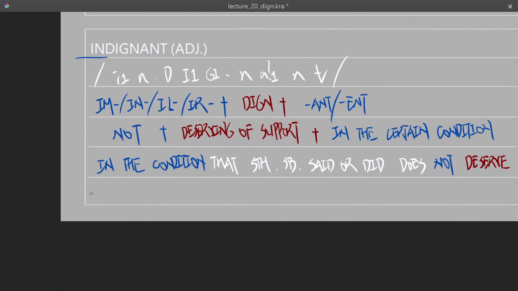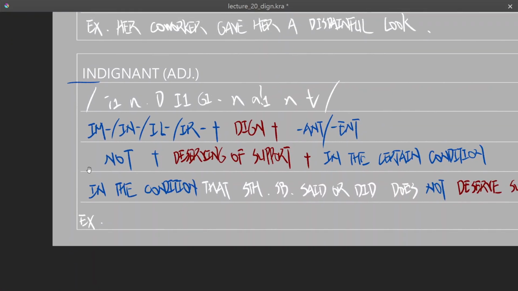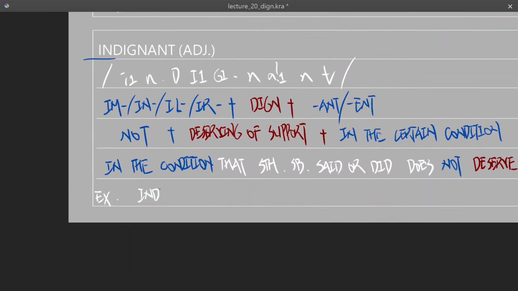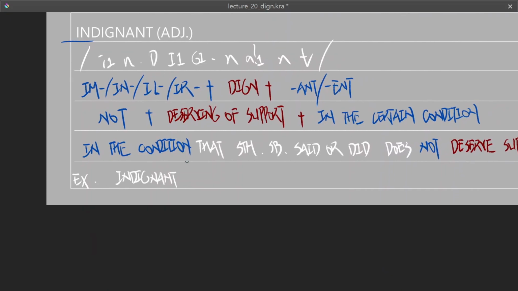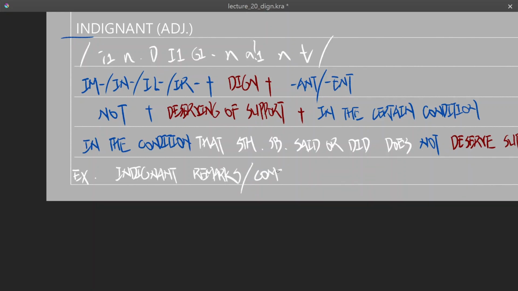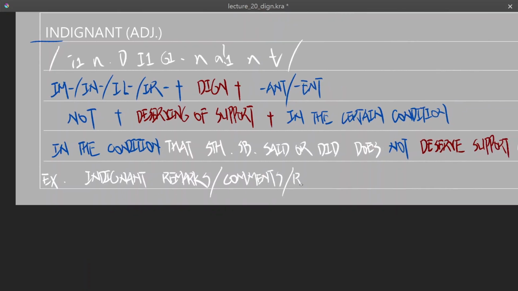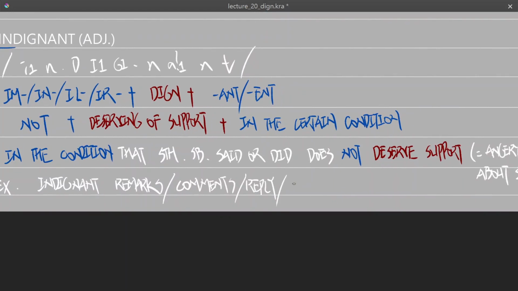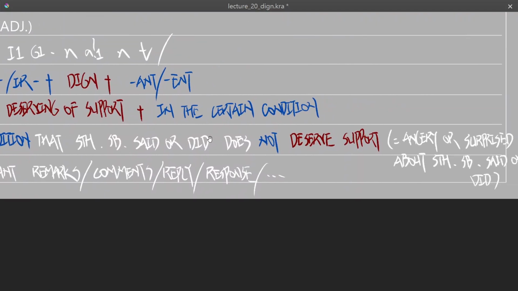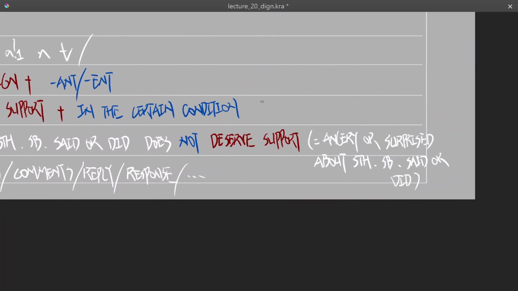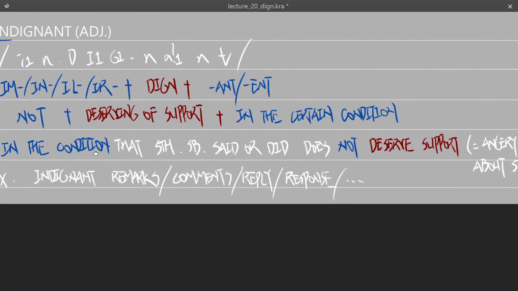So indignant, for example, we could say indignant remarks, indignant comments, or indignant reply, indignant response. This is something that made you feel angry and surprised about something somebody said or did.